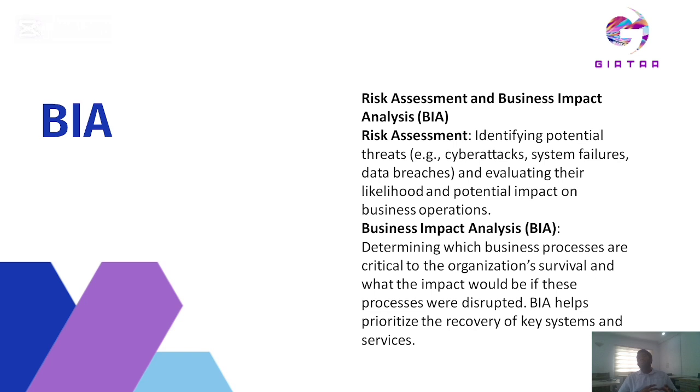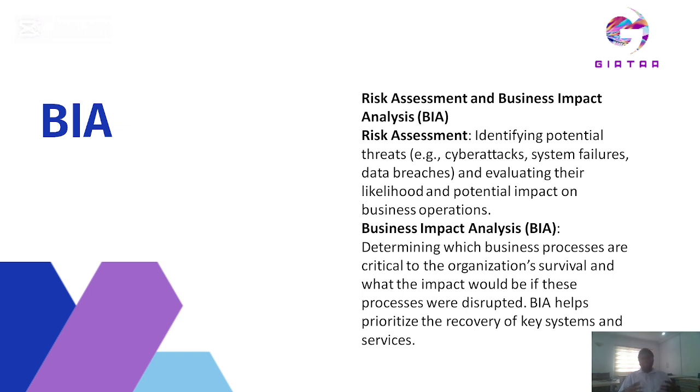You understand? So it's about analyzing the business to know what is important and analyzing if there's going to be risks and what the impact of that risk is going to be on the business. That is what the BIA is actually trying to look at. You understand? So BIA is talking about that.